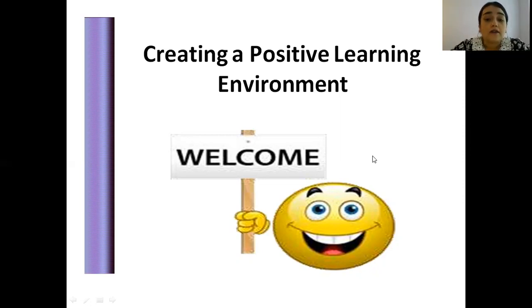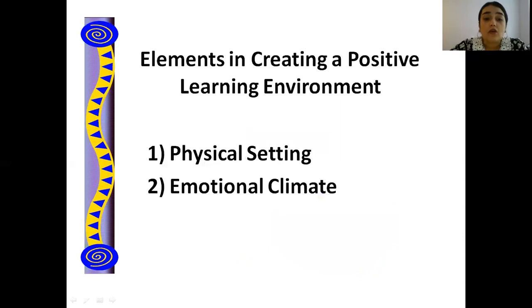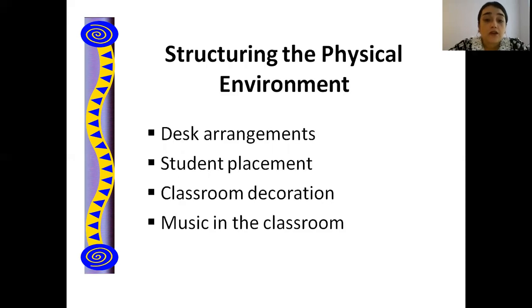So the first thing that we're going to discuss is the elements in creating a positive learning environment. The first one, as you said, is the physical setting. And the second one is the emotional setting. So students, how do we structure the physical environment?